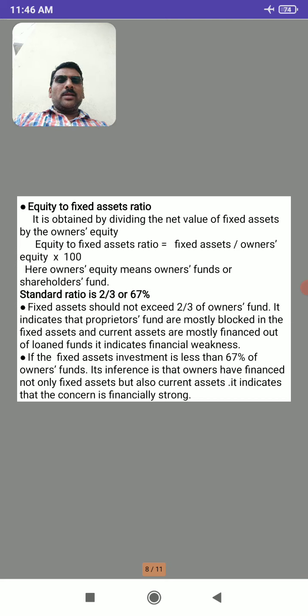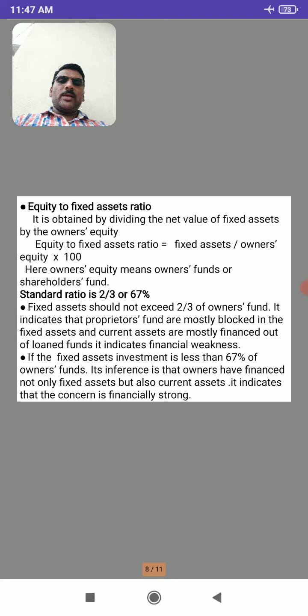In the first ratio, we added the current assets also with the fixed assets to get total assets, but here only the fixed assets are considered. By dividing fixed assets by the owner's equity and multiplying by 100, we get the ratio of 67%.